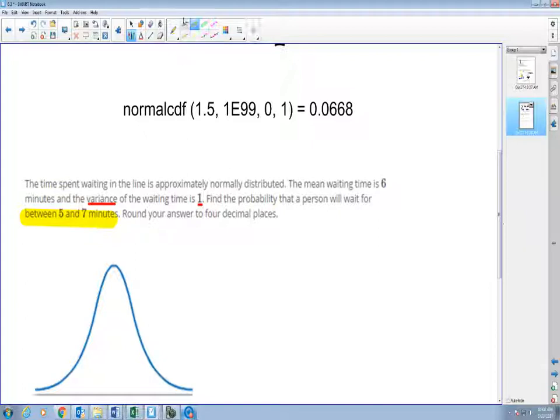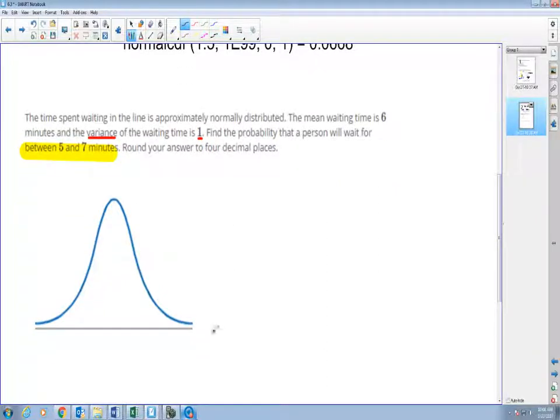Okay, so this one is in between. I know my mean is 6 minutes. You want me to find the probability between 5 and 7 minutes. Alright, so I'm just sketching my graph a little bit. I'm looking for what's in here.